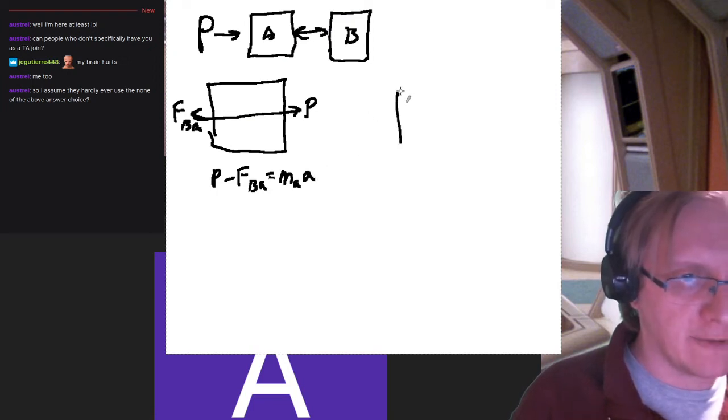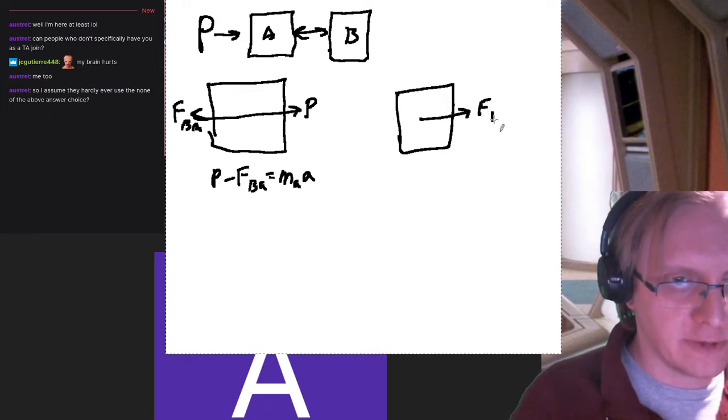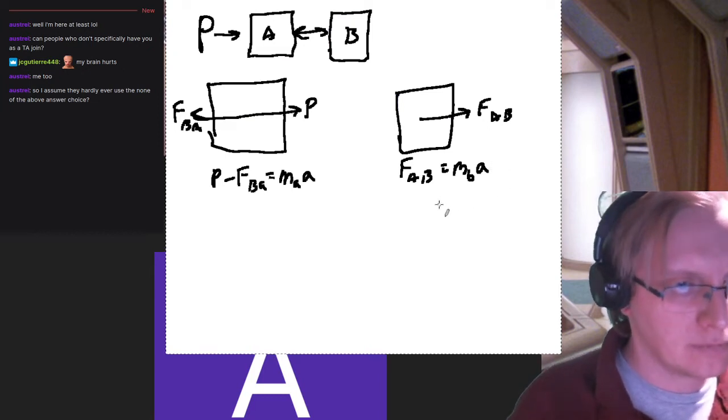And then we have block B, which only has the force of block A on B. And therefore, force of AB is equal to mB a, like so.